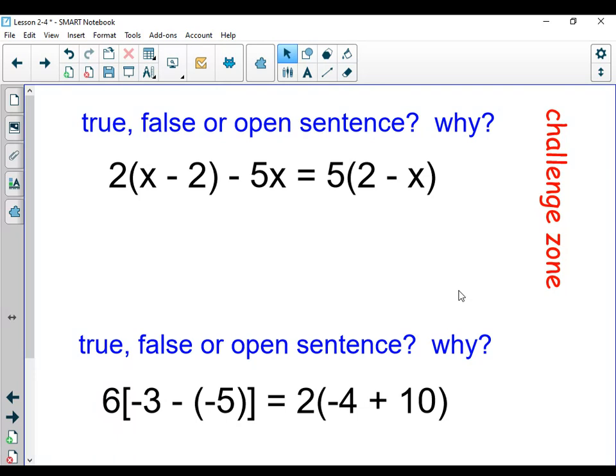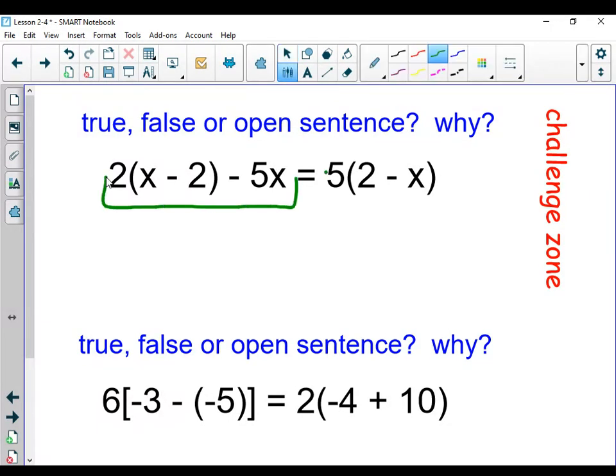Here are some other tougher ones that, hint, hint, hint, you are going to see on the chapter test. So the top one, or might be the left one on your notes: 2x minus 2 minus 5x equals 5 times the quantity 2 minus x. Here's my big triple beam balance.